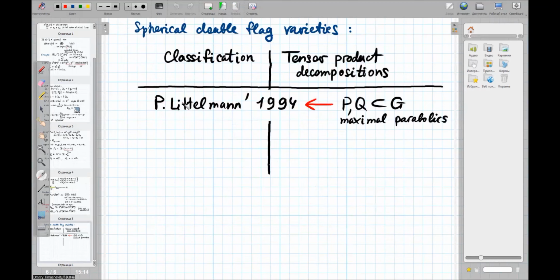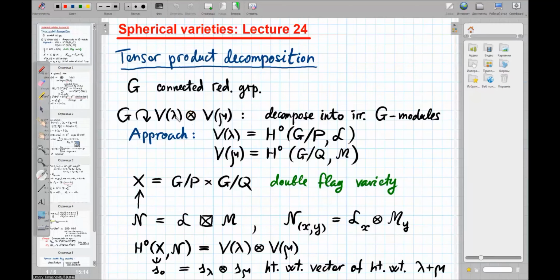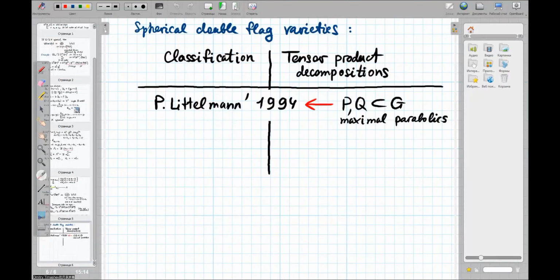And also for each item in his list, in this classification list, for any pair of maximal parabolics for which the double flag variety is spherical, Littelmann computed all tensor product decompositions of irreducible representations, V of lambda and V of mu, such that the highest weights lambda and mu extend to characters of these parabolics. So they are realized in the spaces of sections over G mod P and G mod Q. And the general classification without this assumption was obtained later by John Stembridge.